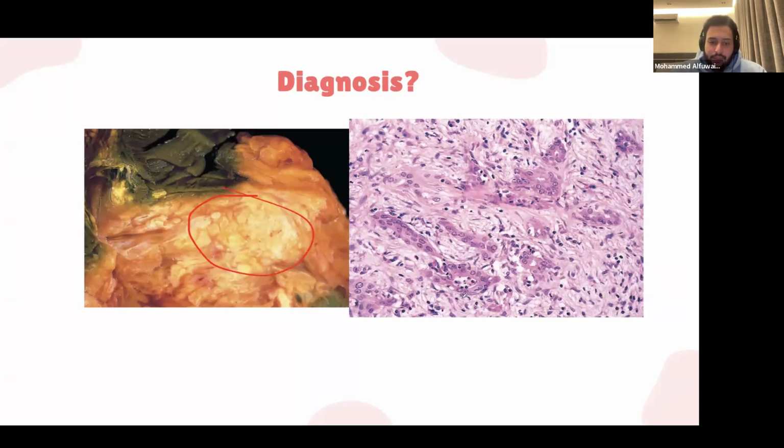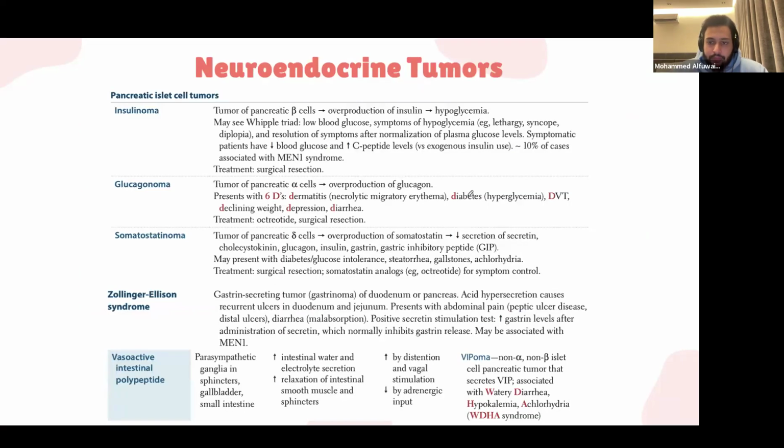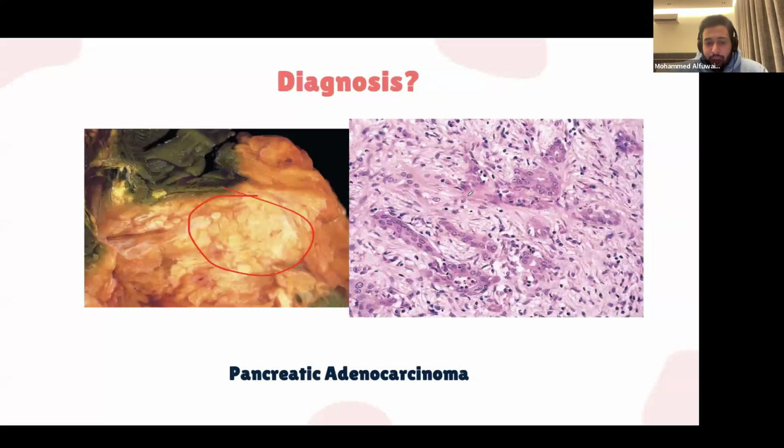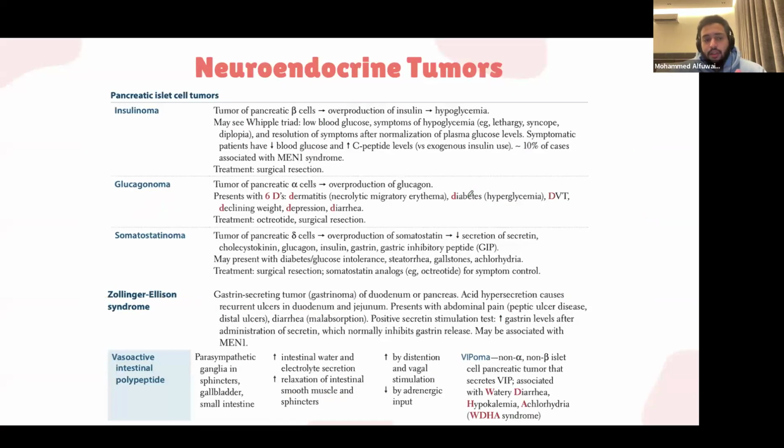What do you see on this image? This is pancreatic adenocarcinoma. Desmoplastic reaction, which is fibrosis. It's highly invasive with fibrosis or desmoplastic reaction. And that's it for the pancreatic adenocarcinoma.